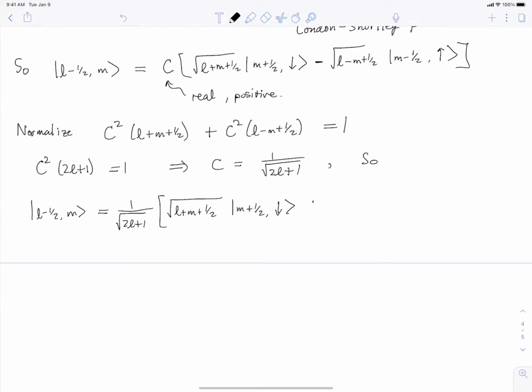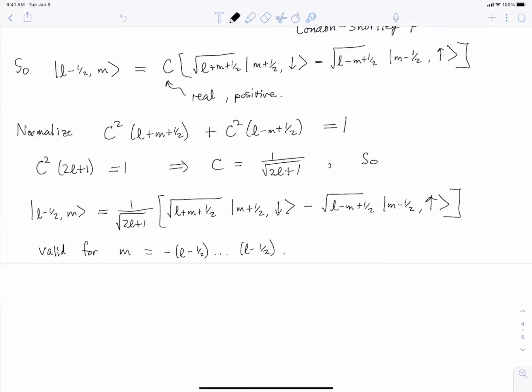So down arrow minus. Okay, so once again, this is a linear combination of the only two things that you could possibly write down in the product basis that would give you the right total J sub Z. Okay, and this is valid for the following values of M, namely minus L minus 1/2 up to L minus 1/2.